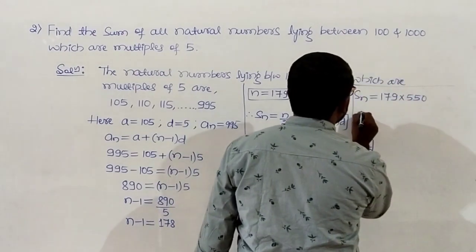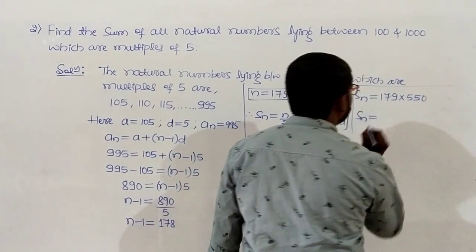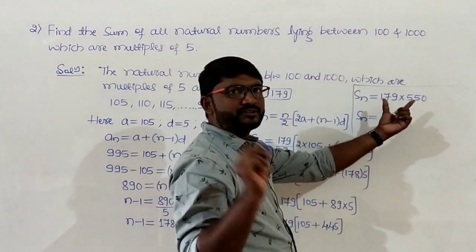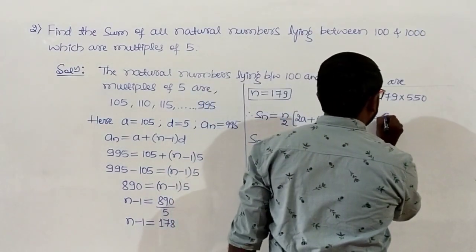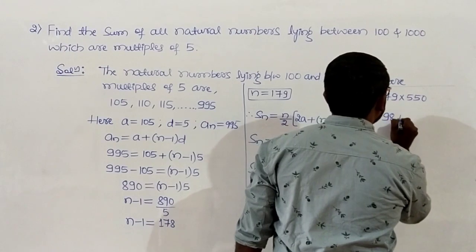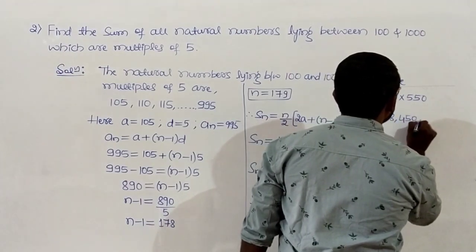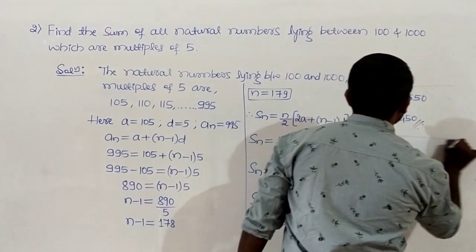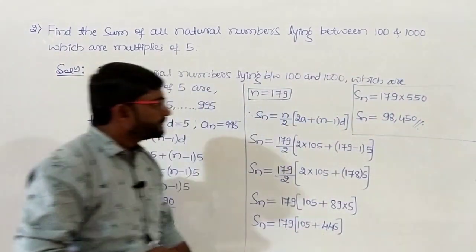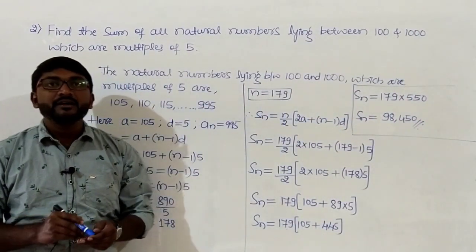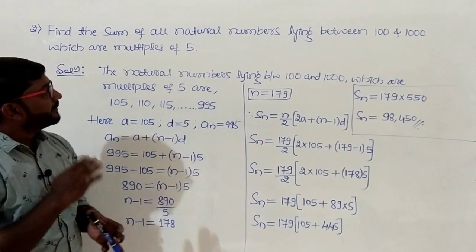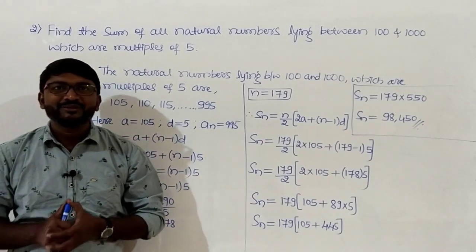You can multiply these two numbers using a small calculator. Overall you get 98,450. So this is the required sum of all the natural numbers between 100 and 1000 which are multiples of 5. This is all about the second problem.